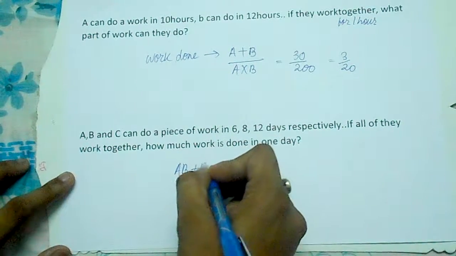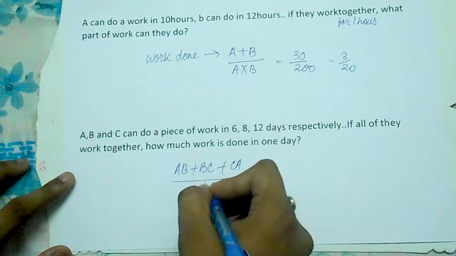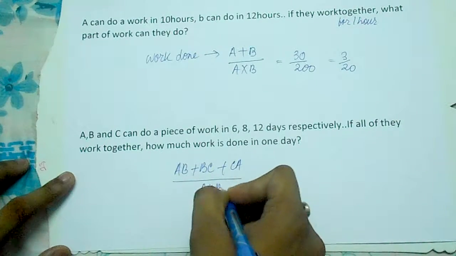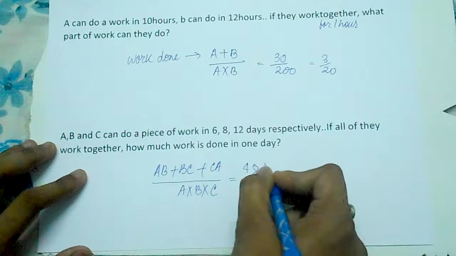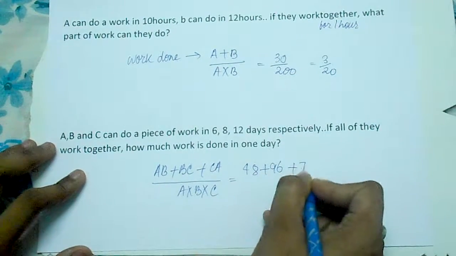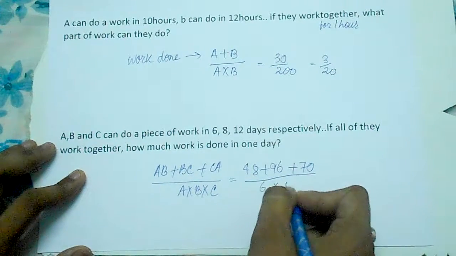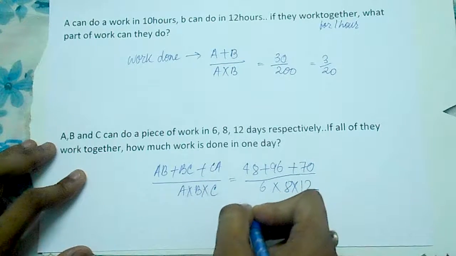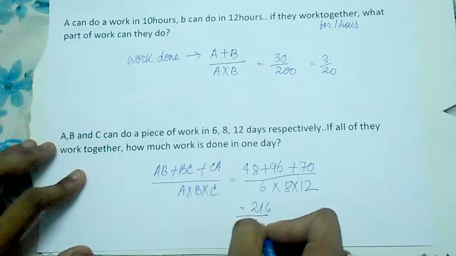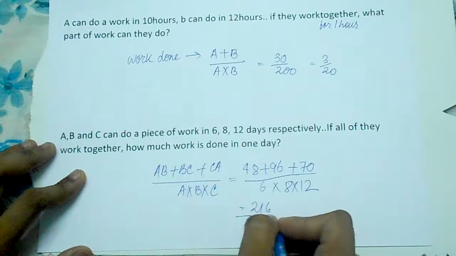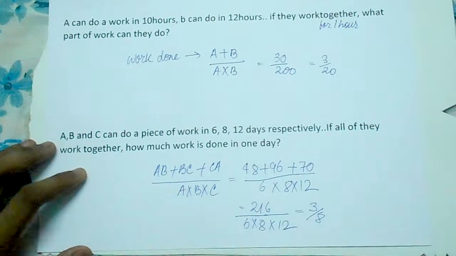AB plus BC plus CA divided by A into B into C. So basically it's 48 plus 96 plus 72 divided by 6 into 8 into 12. So it's 216 by 6 into 8 into 12, and it's basic calculation, and it will come to 3 by 8.